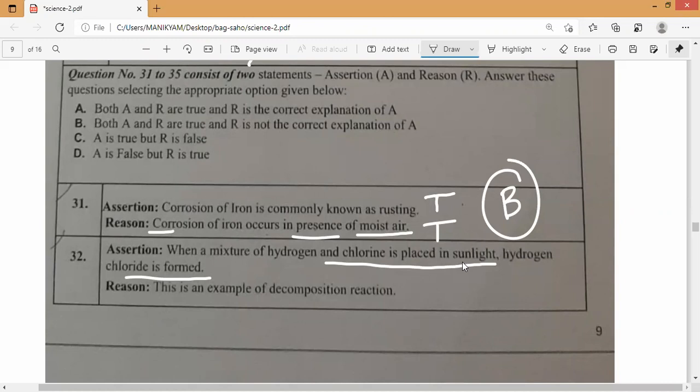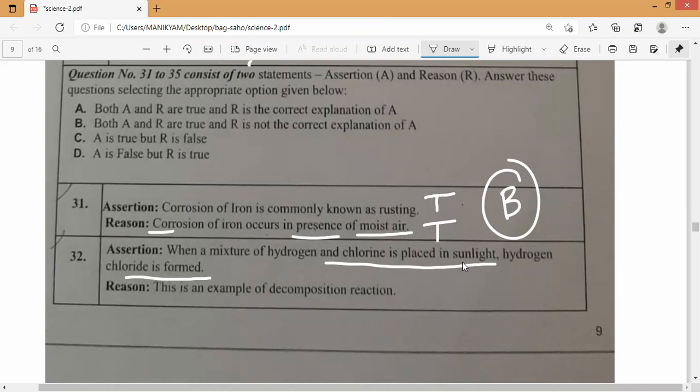Have you studied it anywhere like that? It is the formation, a combination reaction. Then are both statements wrong? A photolytic reaction will form, but is it a photolytic reaction?